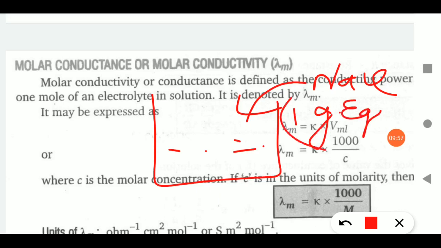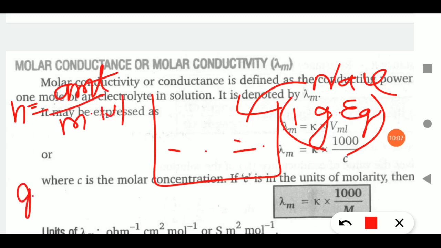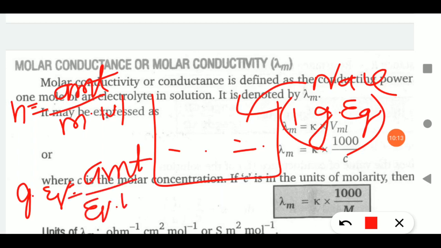Class 11th, how will you calculate gram equivalent? How did you calculate moles? Moles is given amount upon molecular weight. And how will you calculate gram equivalent? Given amount upon equivalent weight. This was taught in the solution chapter.